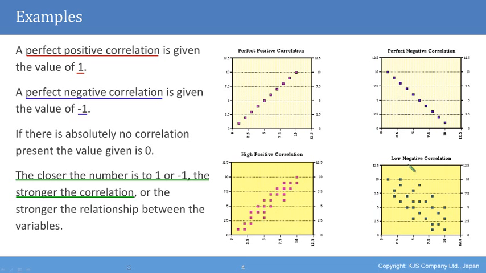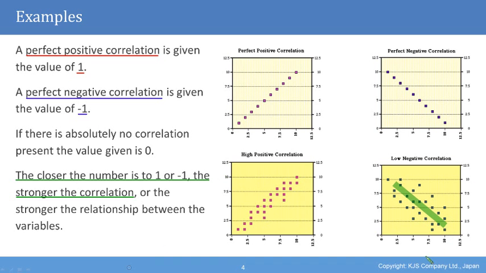This is an example of a low negative correlation, where if you take a look with your eyes, you can see that there is a general trend where as x is increasing, y is decreasing. There is some kind of hazy difference as it goes down.